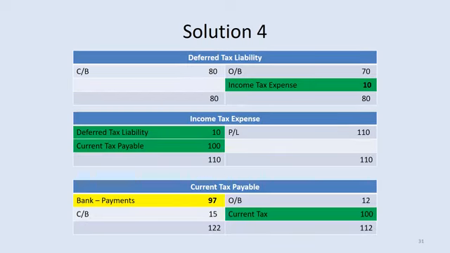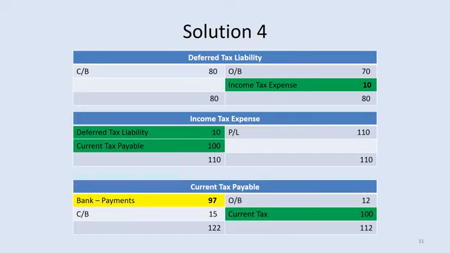Now we get to the interesting part as we deal with our taxation. Deferred tax, while it is an accounting entry, you might find scenarios where that's going to impact income tax, which is going to be important for us as we work out our current tax payable to determine how much was actually paid.